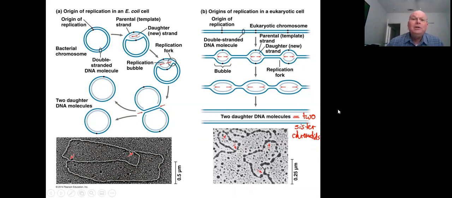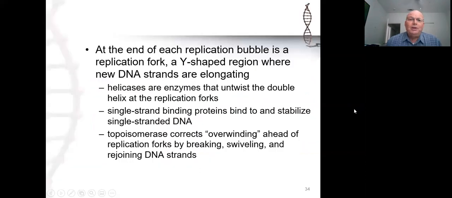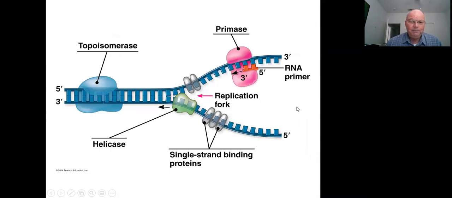It's what goes on initially at the origin of replication and then ultimately within the replication fork on each side of the replication bubble that is of interest to us from this point onwards. So the first thing to realize is what goes on at the origin of replication.